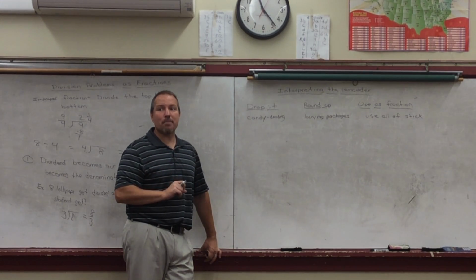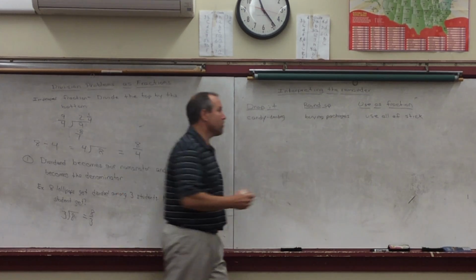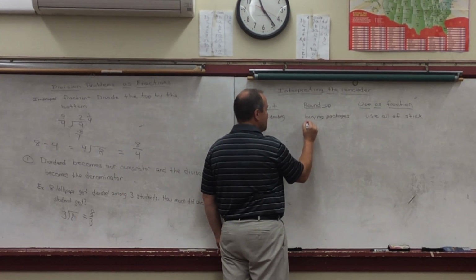How about if we're setting up tables? And we want to put 5 to a table, but we have 7 people. Do those 2 people not count as a table? No, we need another table. So maybe rounding up would be tables.